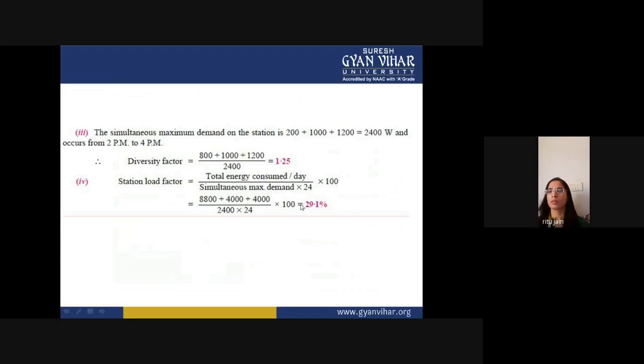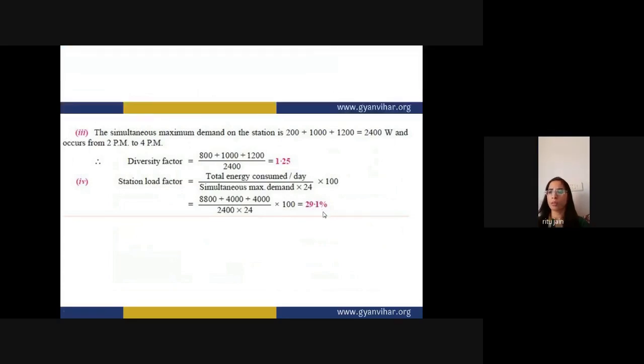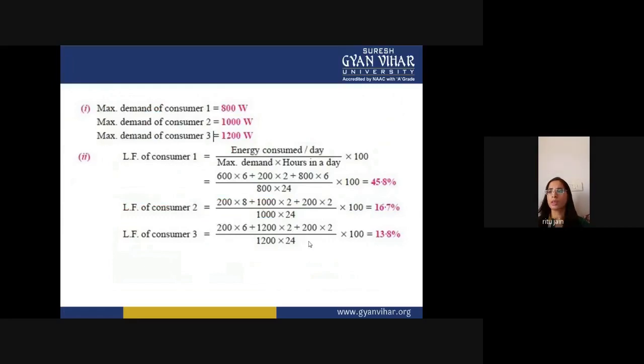And if you want to calculate it in percentage, you will get 29.1%. So station load factor is 29.1%, and these are your individual load factors.